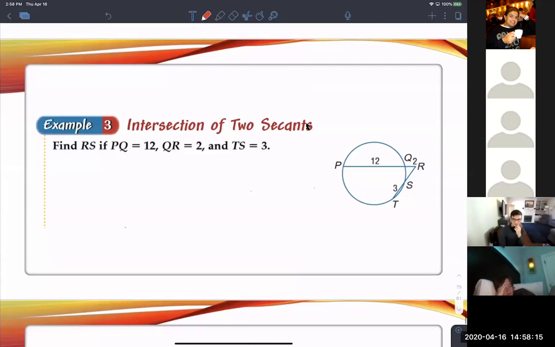So here's a problem type that we may be asked to solve. Find RS, so this is what we're looking for, given this diagram.